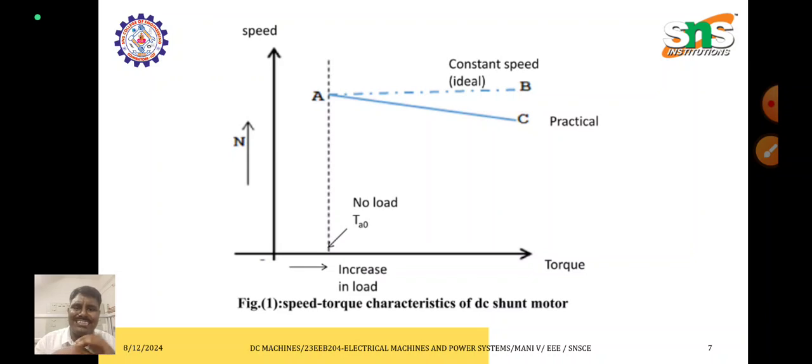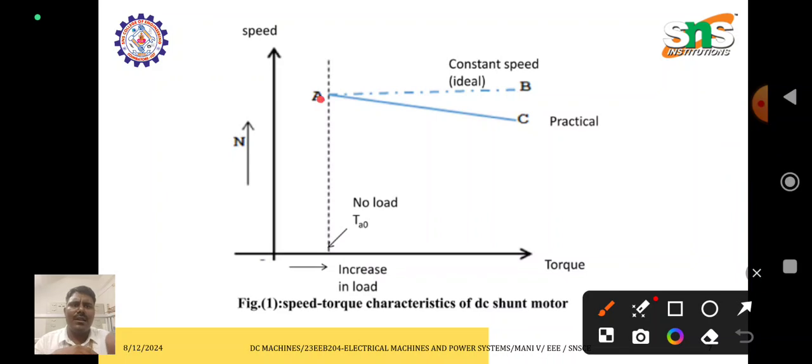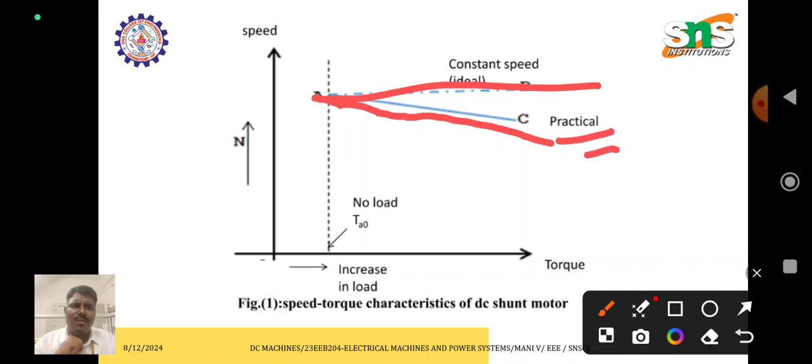So there is a slight variation, not too much variation, and the speed does not suddenly decrease. This curve represents the normal condition. While the load increases, that is nothing but the torque increases. If the torque increases, that means the load increases, so the speed will slightly decrease. It is a practical one.